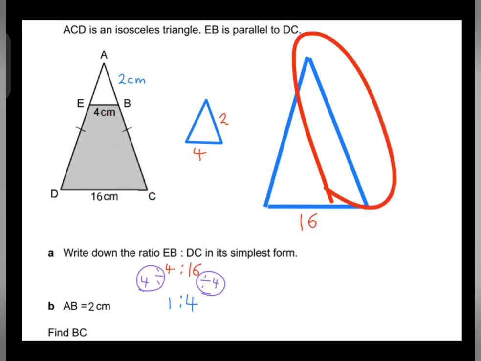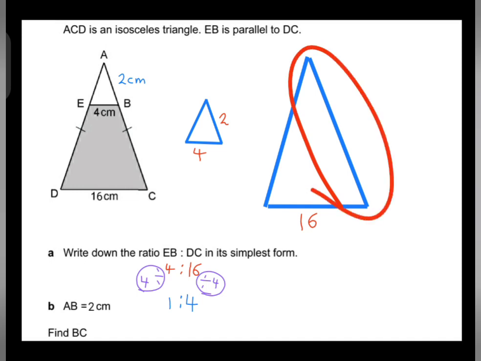Now, how do we find this line here? As we said before, we have to find the scale factor because they are similar triangles. Both triangles are similar, so we have to find the scale factor of enlargement. The scale factor of enlargement, how do we find it? Very good. By dividing two corresponding sides on different triangles.